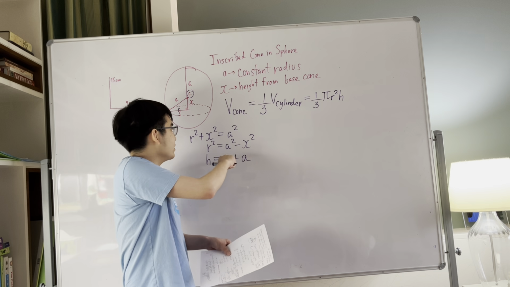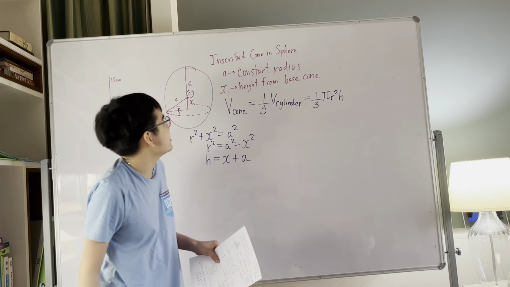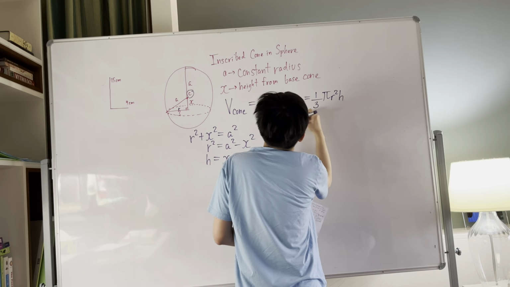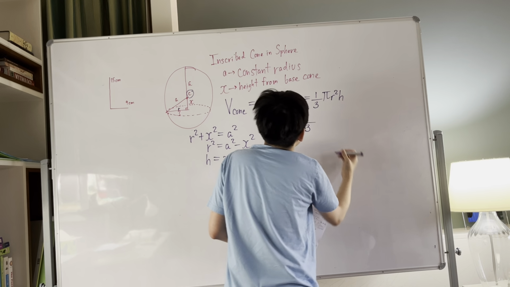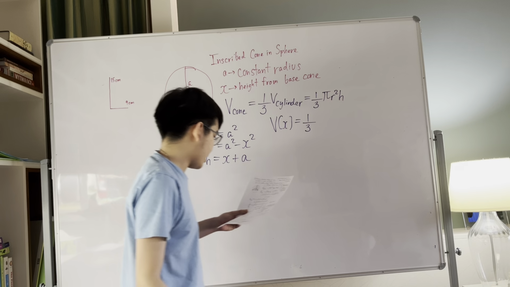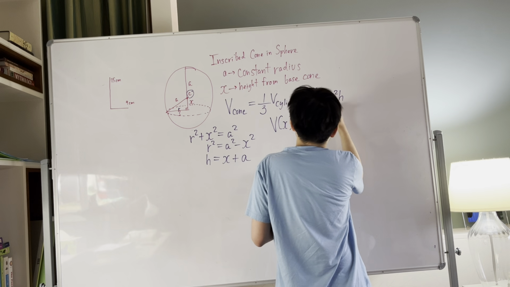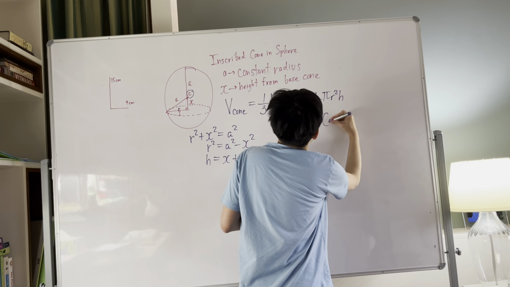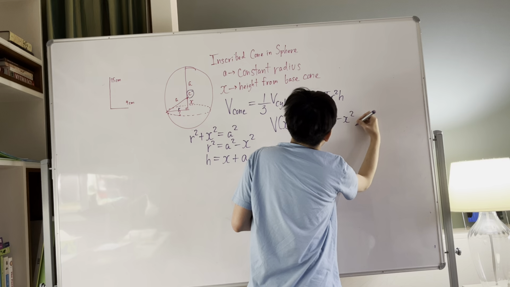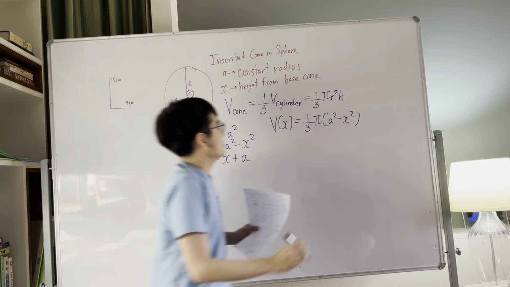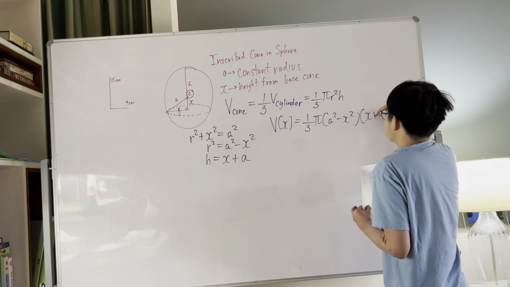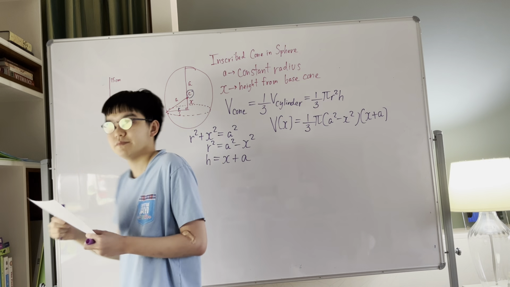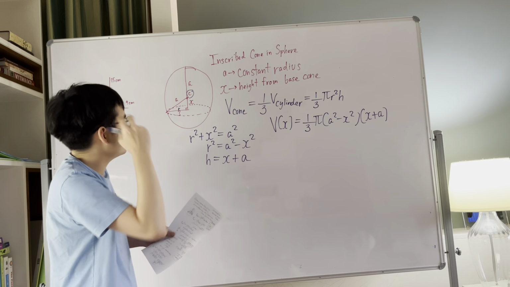And now I'm basically going to substitute these constraints into this volume function here. So v of x is going to become 1/3 times pi times r squared, which will become a squared minus x squared, times h, which will become x plus a. Okay, cool, we're good.